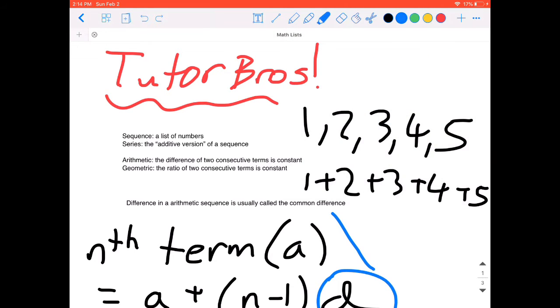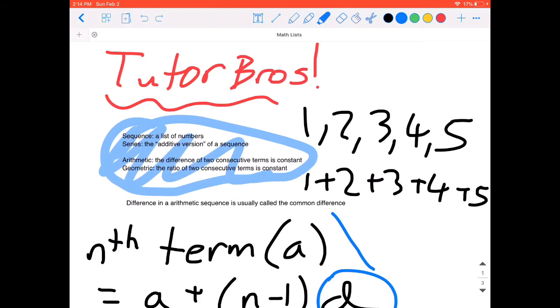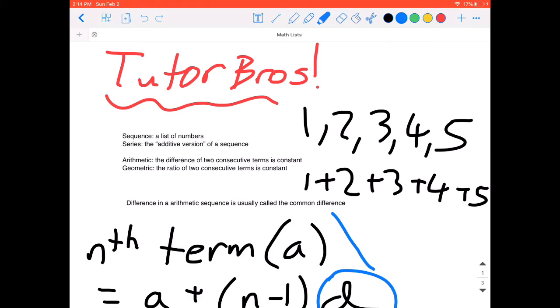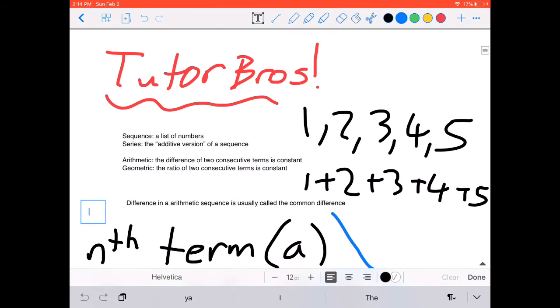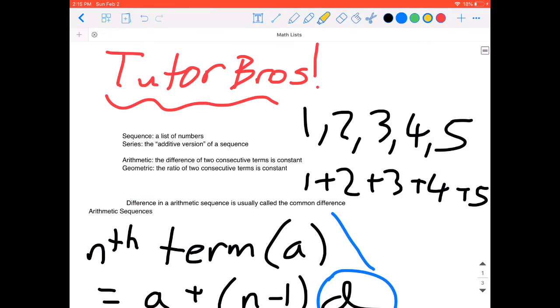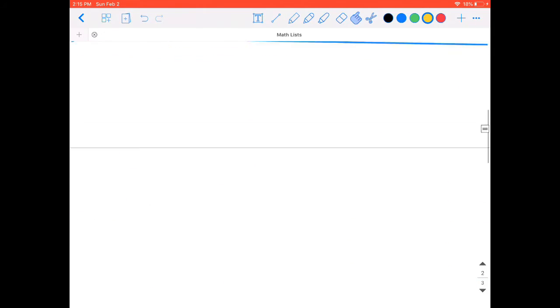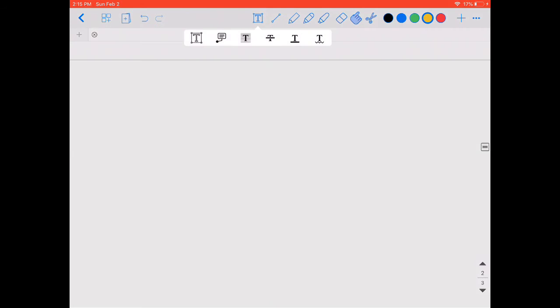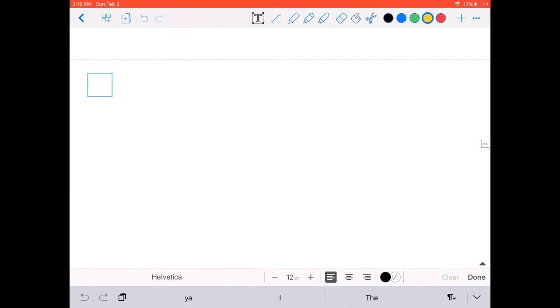The overview and the definitions are not really part of arithmetic sequences, but other than that, I'll highlight this first section. The next section is what we call arithmetic series.